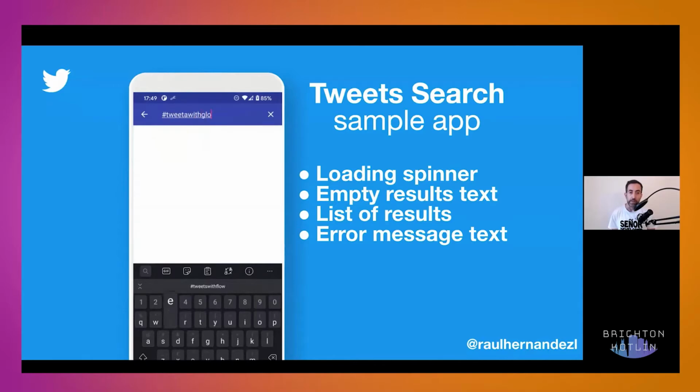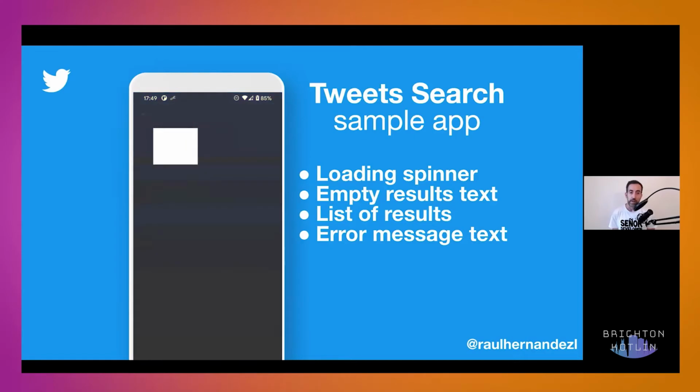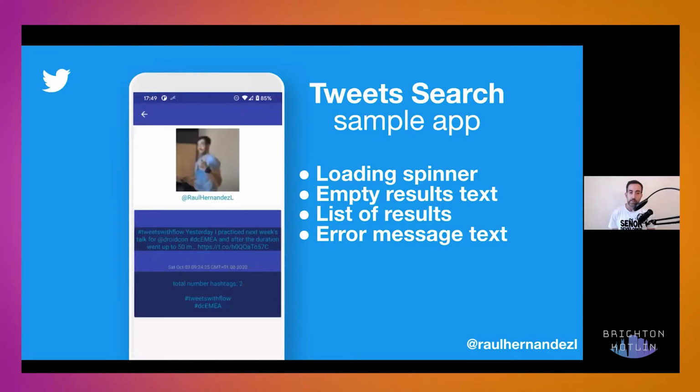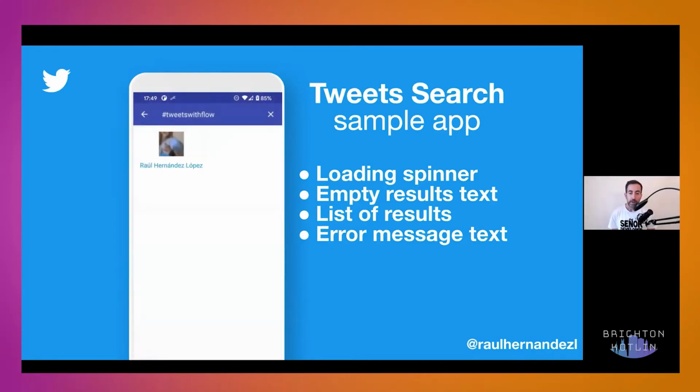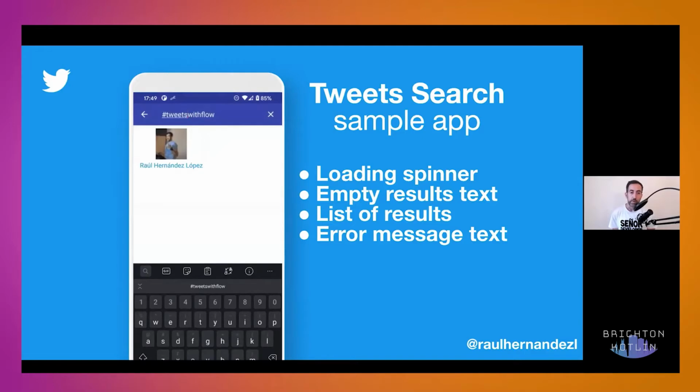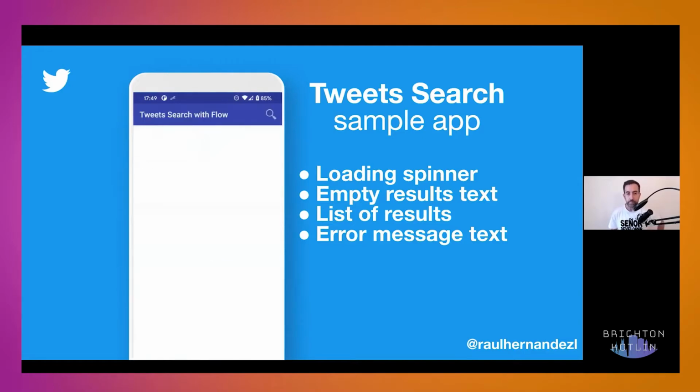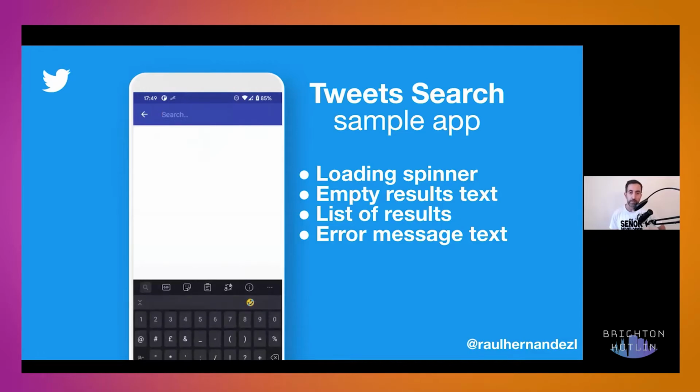And then we can see, first of all, I fail after the spinner. So we have this empty results text with this not being found. And when finally it is working fine, I have some results. And then we can see the detail of this particular item. And if there is any problem, any error, then we can render this to the user basically. So that's the basic use case.